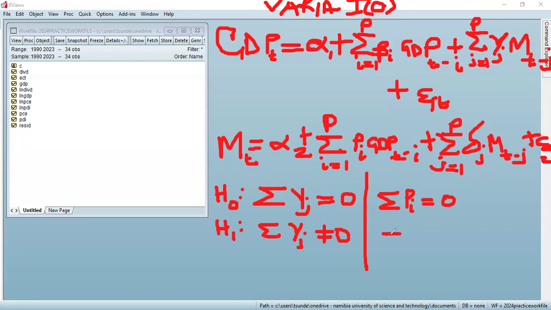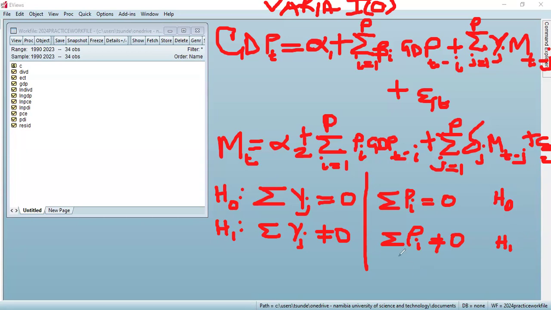The alternative hypothesis is that rho I is not equal to 0, which means GDP Granger causes money supply. And we said that if the p-values are less than 5%, we reject the null hypothesis and conclude that the variable Granger causes the other variable. Okay. So this is what we discussed.